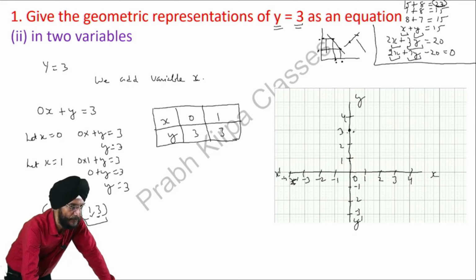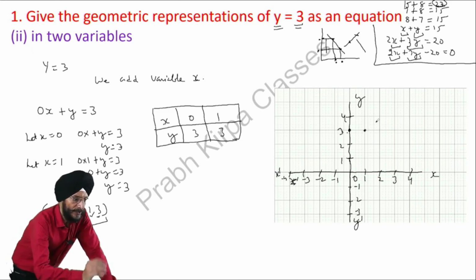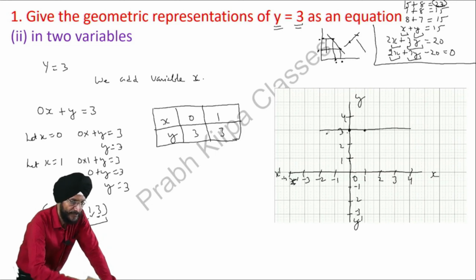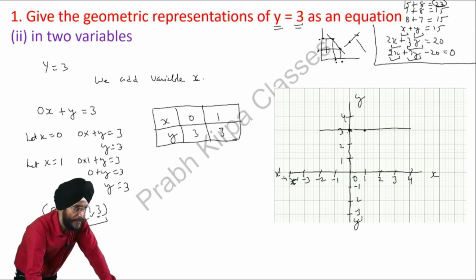Here it is the first point where x is 0, y is 3. Now what is the next solution? Value of x is 1 and value of y is 3, that is at this point x and y values meet. So when we join these 2 points, it will be a straight line.